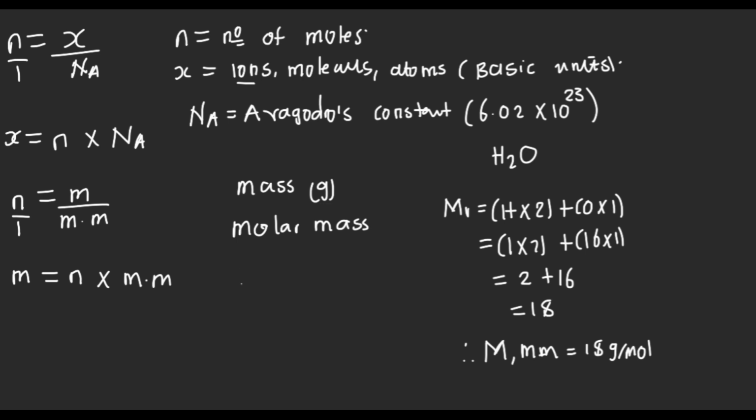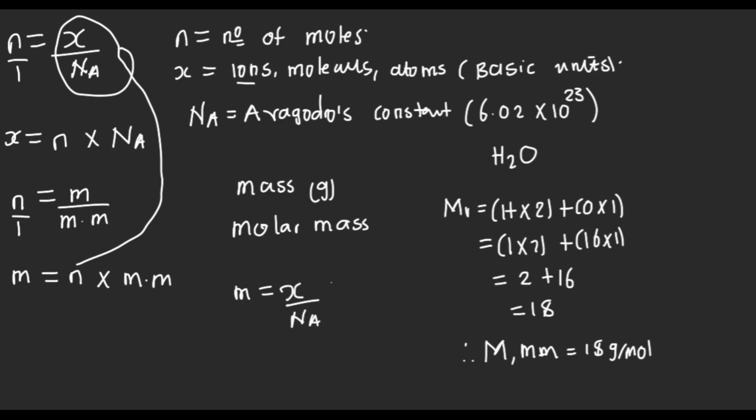So we can say m is equal to, we know that n can be substituted with this part here. So we have x divided by Na multiplied by molar mass, which is mass is equal to molar mass multiplied by x over Avogadro's constant.